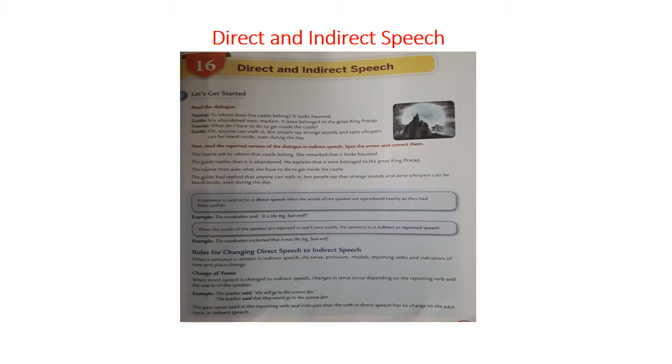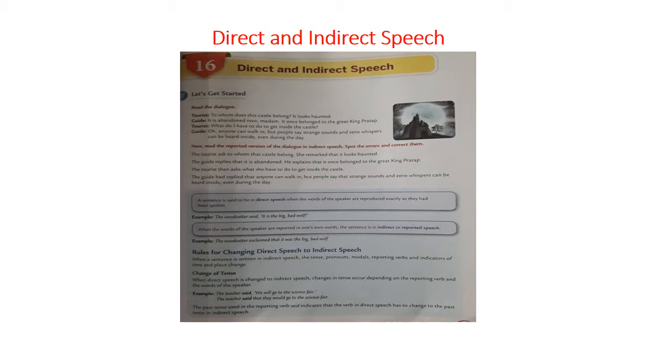The comma is not used. Again, in direct speech, the speaker uses the first person pronoun to speak for himself or herself, whereas in indirect speech, the first person pronoun is changed to the third person pronoun. These are some of the differences between direct speech and indirect speech.